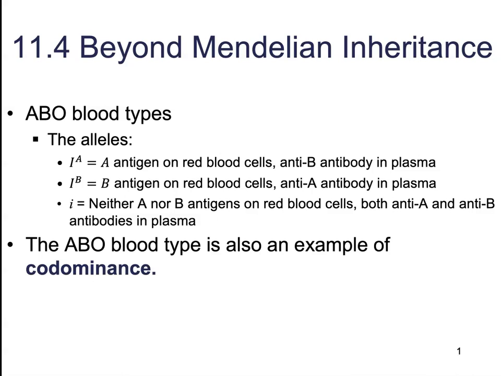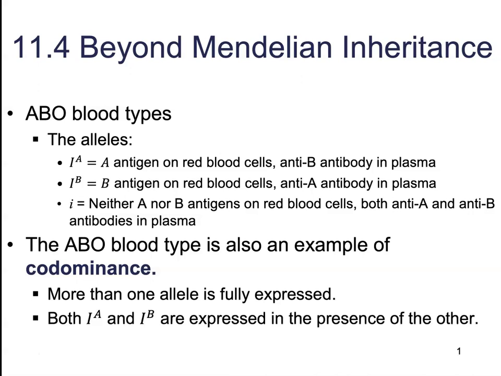Now, the ABO blood types are also an example of codominance, meaning that more than one allele is fully expressed. So if you have the allele for the A antigen and the allele for the B antigen, your blood type will be AB.